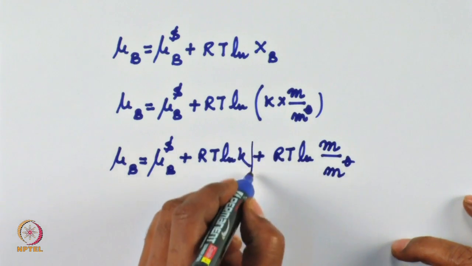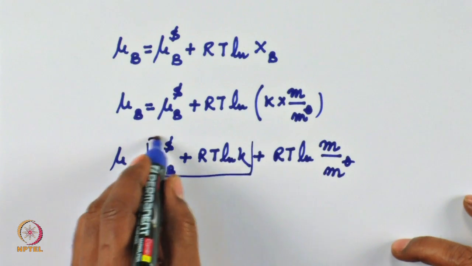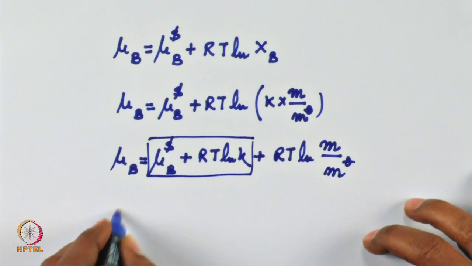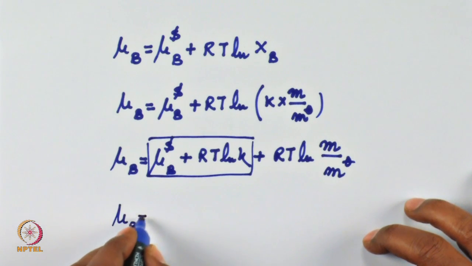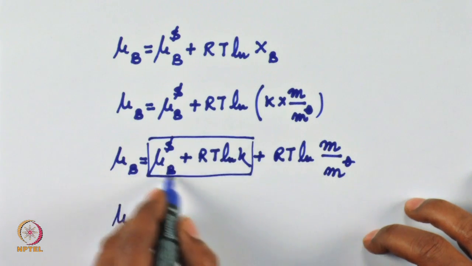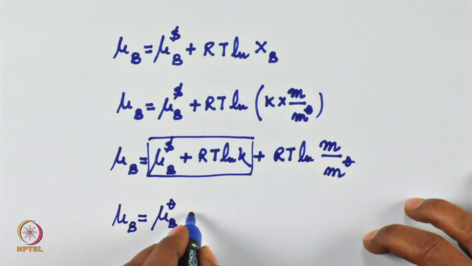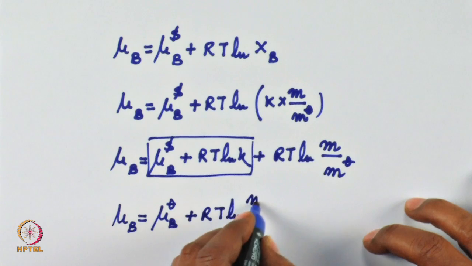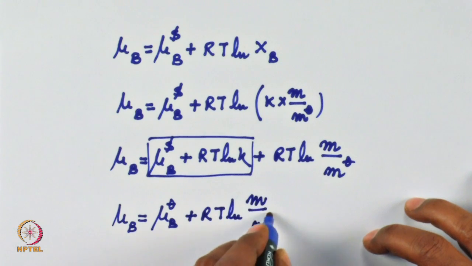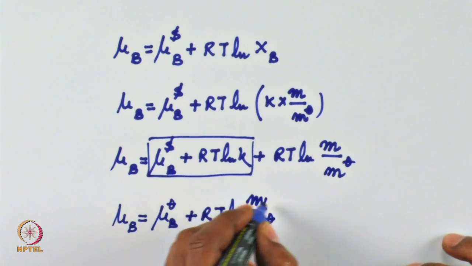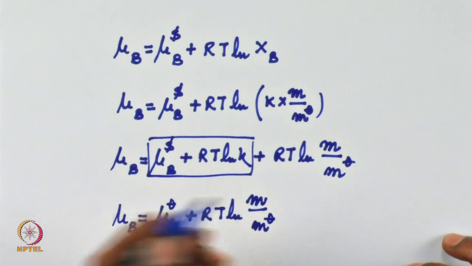I can further combine these two terms and write mu B equal to mu B naught. I am combining all these and writing mu B naught plus R T log m by m naught. If you want, instead of m, we can write m B.